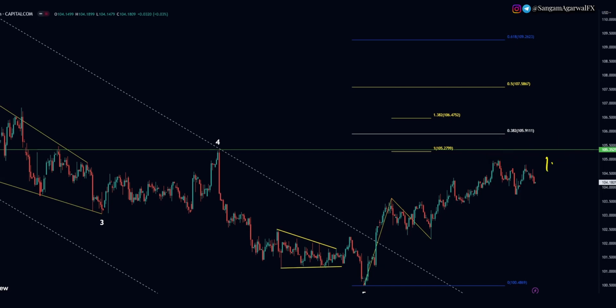And that 105 level on DXY was almost 1790 on gold, but gold is already up and DXY is still trading below the 105 resistance.